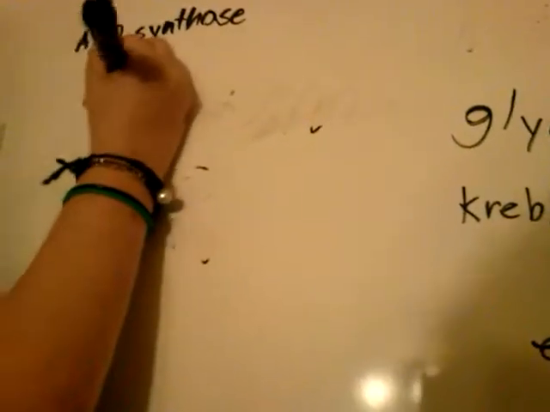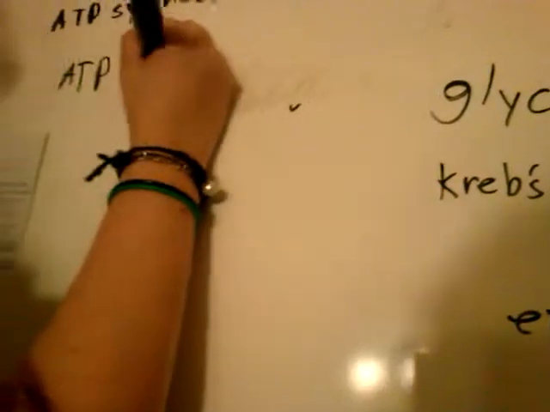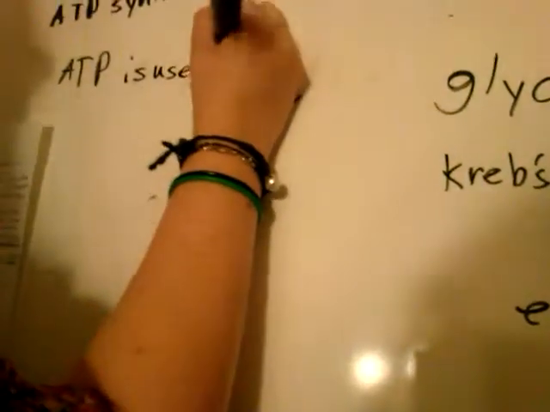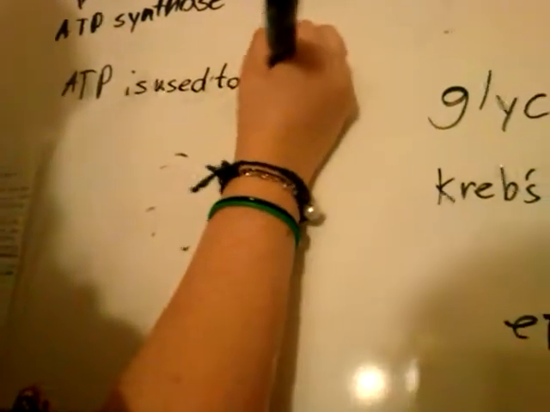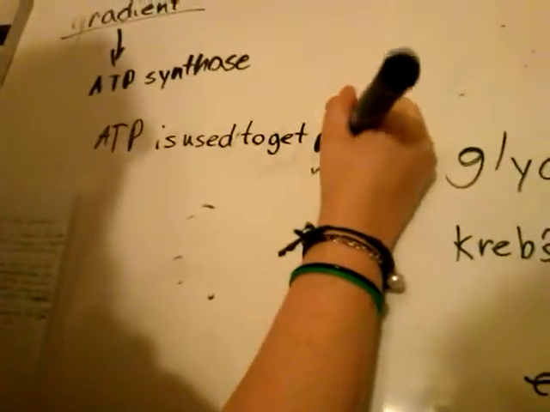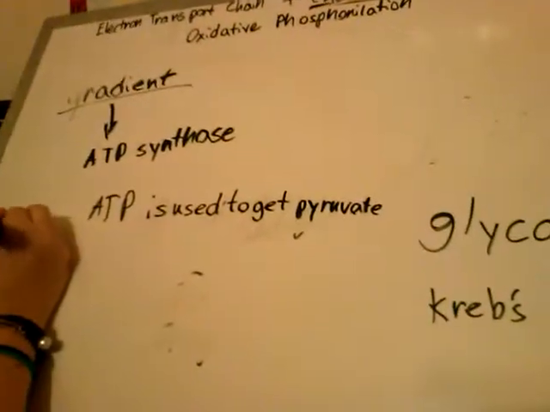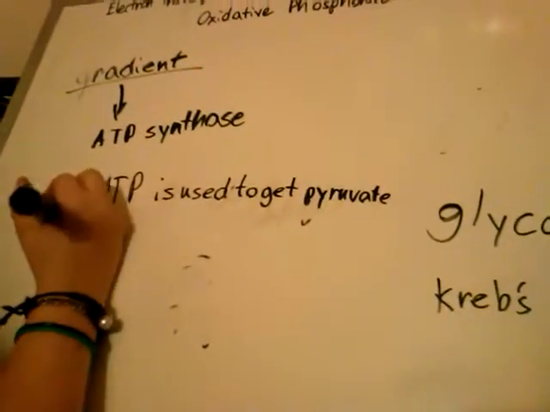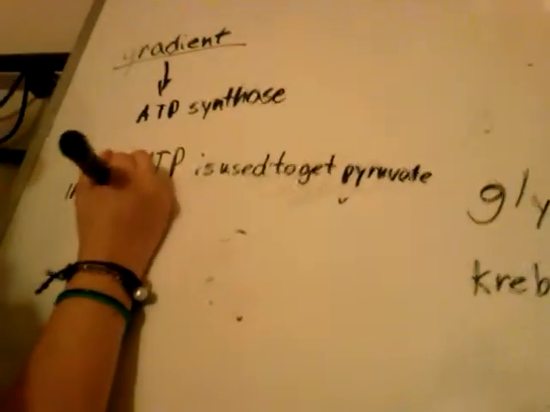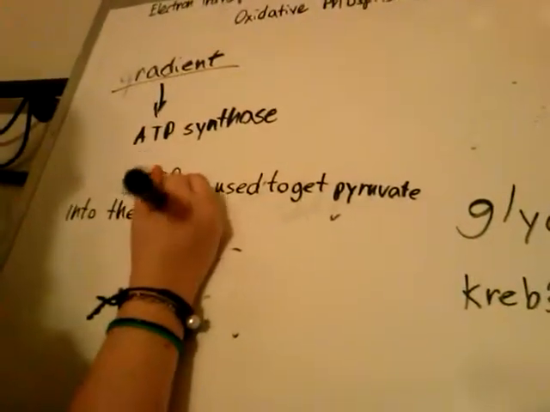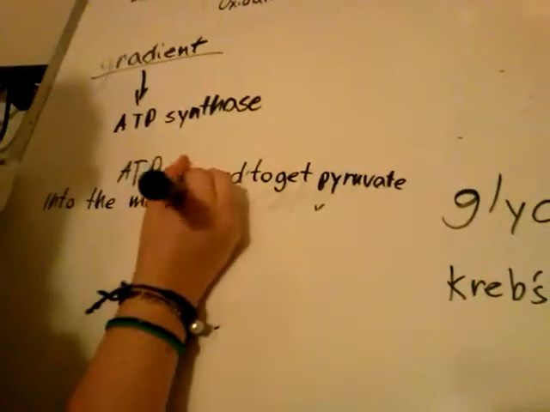ATP is used to get pyruvate into the matrix, because remember back in the link cycle.